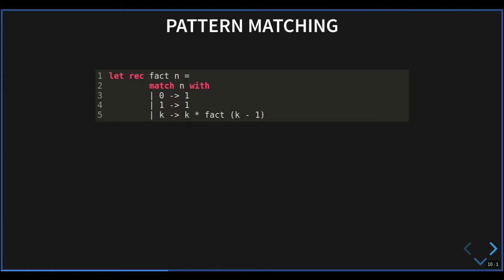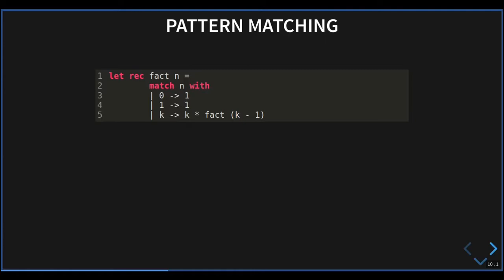And here we have the factorial function again, but implemented using pattern matching. In the first pattern we check if the input argument is equal to 0, and if so, the function returns the value 1. In another pattern we check if n is equal to 1, and if it is, then we also return 1.